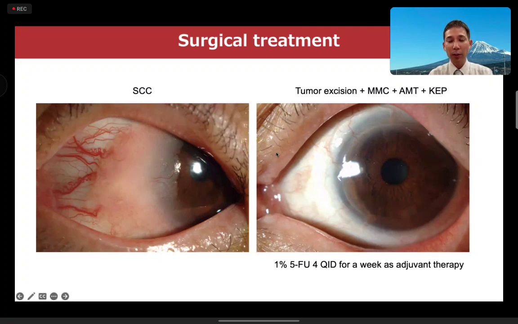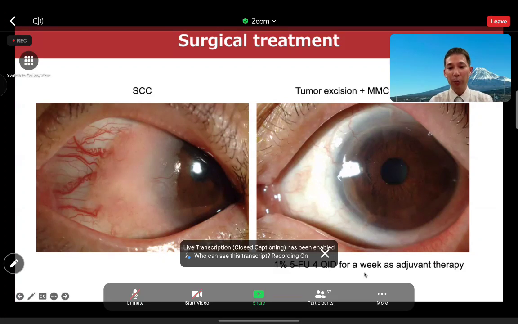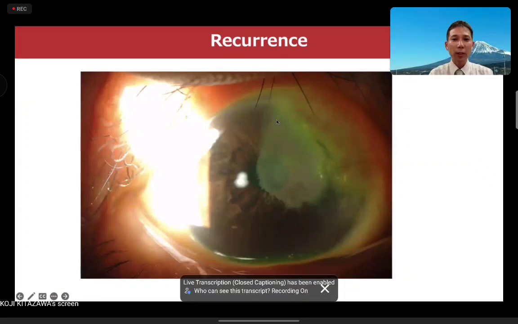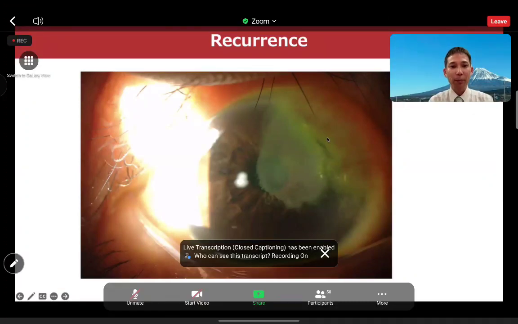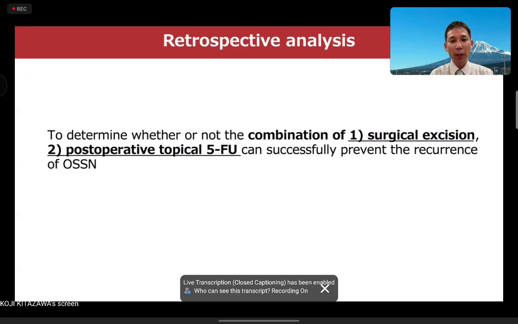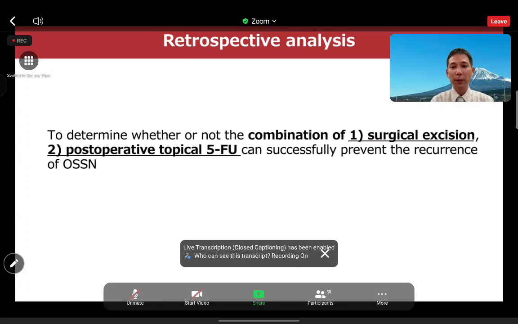Once the ocular surface becomes stable, we also give 5-FU treatment for a week as adjuvant therapy. But sometimes we see recurrence of the tumor. Therefore, we analyzed retrospectively whether or not the combination of surgical excision and postoperative topical 5-FU treatment can successfully prevent the recurrence of OSSN.